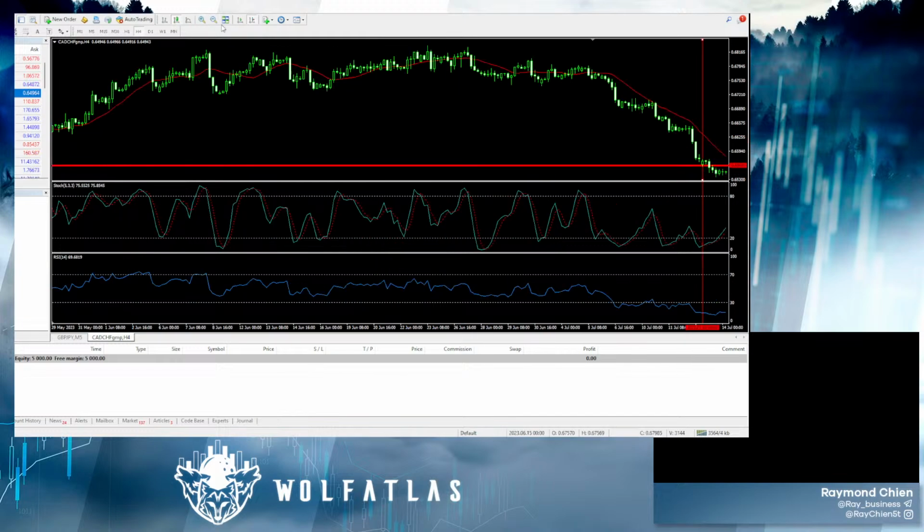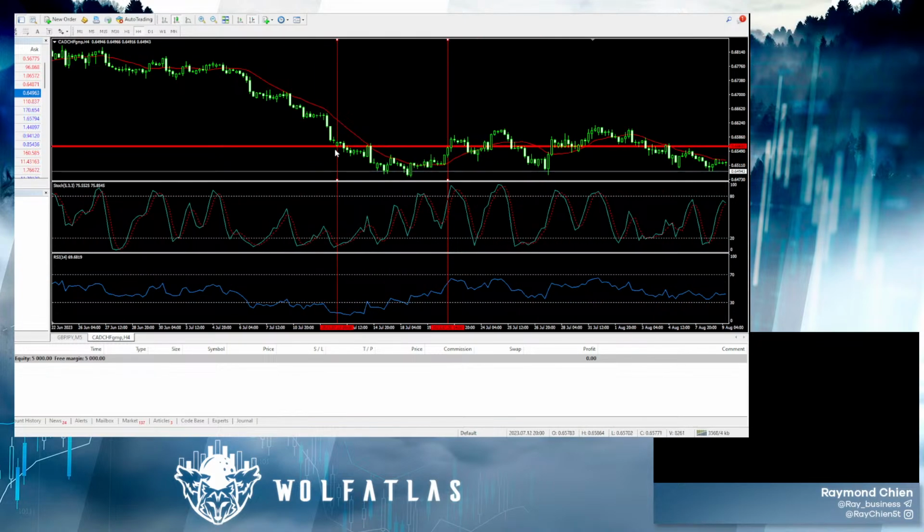So with this setup right now, if you enter right here as a buy and exit right here from your buy order, it's not really going to make us profits. We just wasted time. But with this whole setup, I can see we can really have a profitable trade setup. Why?